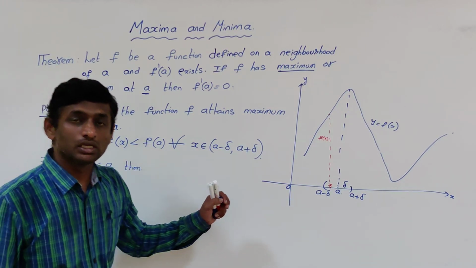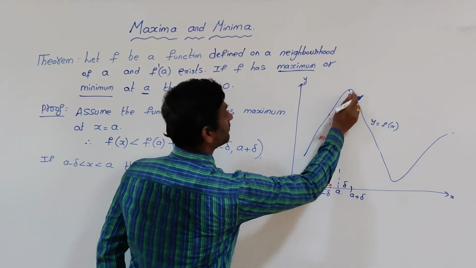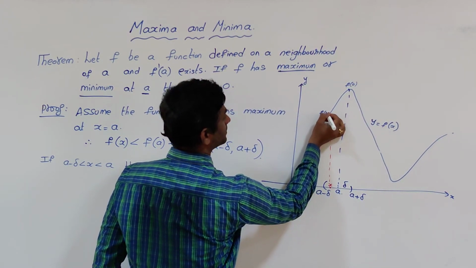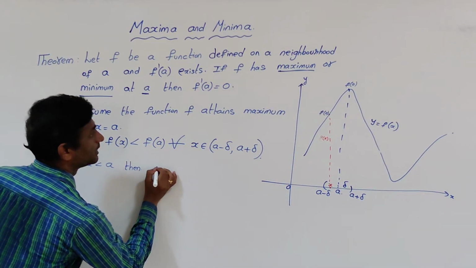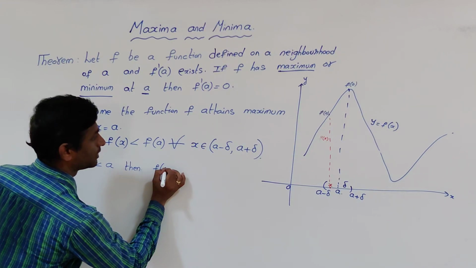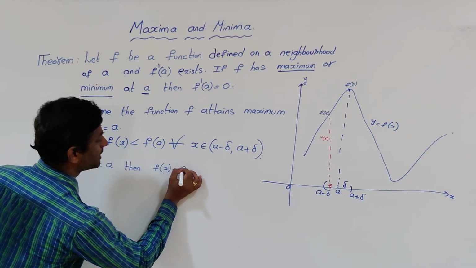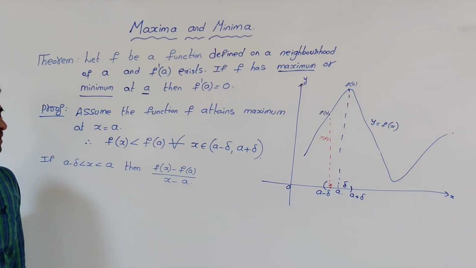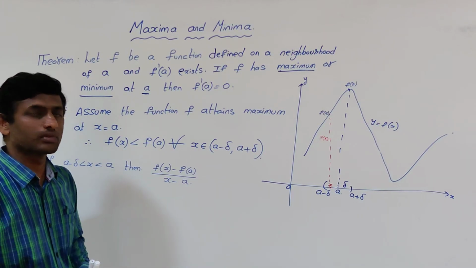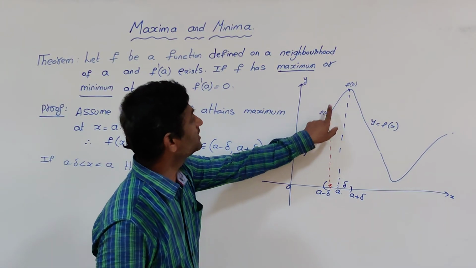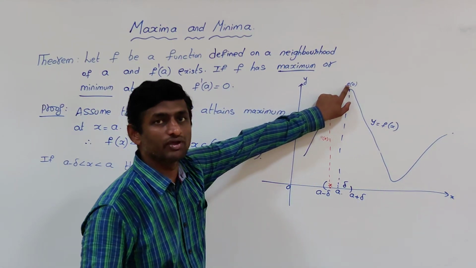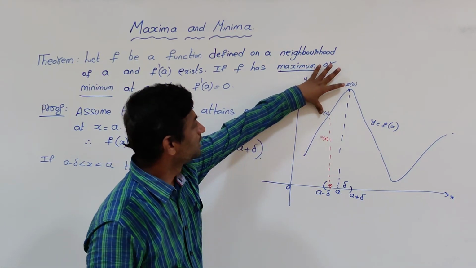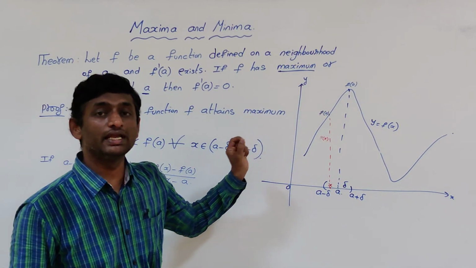Then what about the slopes? f of a is this one, and this is f of x. Now what will f of x minus f of a by x minus a be? f of x is smaller than f of a. f of x is this point and f of a is this point, means the difference f of x minus f of a gives a negative value.